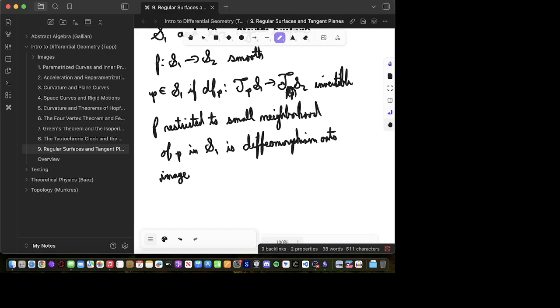And this image is a neighborhood of f of p in S2.